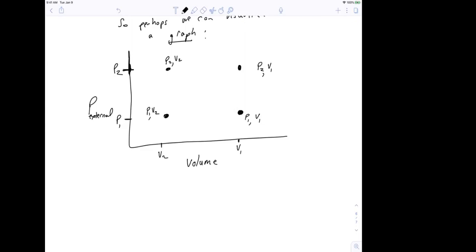Okay, and so what we're going to do is follow a path. This is our initial point, right here, our initial equilibrium state. Okay, and we're going to follow a path that goes this way, then this way. Whoops, these are straight lines, by the way.